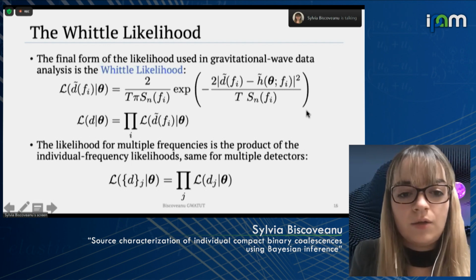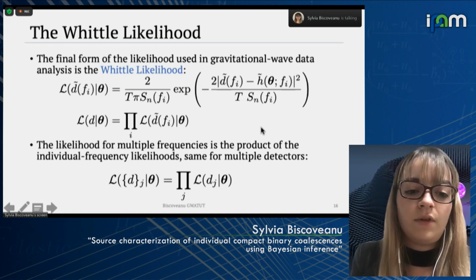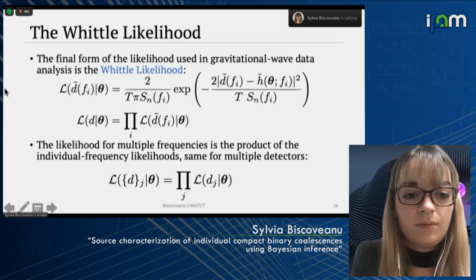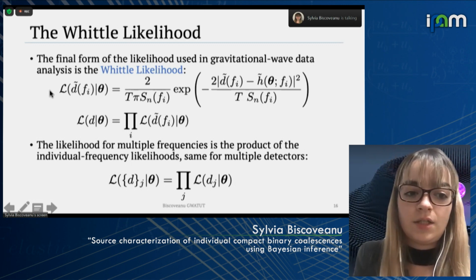Okay. And so if we want to see what the final form of our gravitational wave likelihood is, we arrive at this expression for the Whittle likelihood, as it's called.